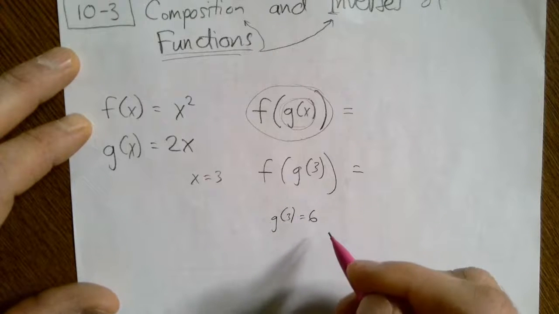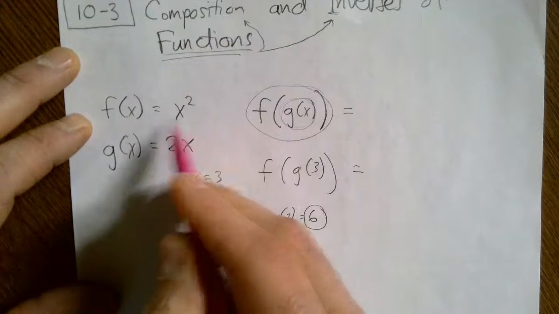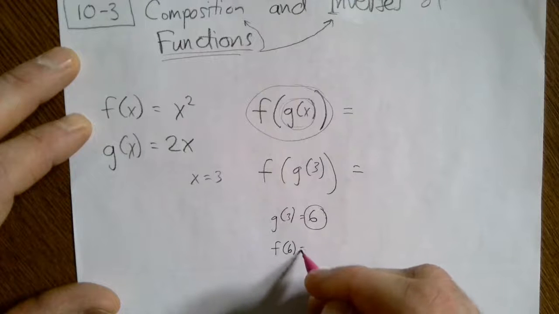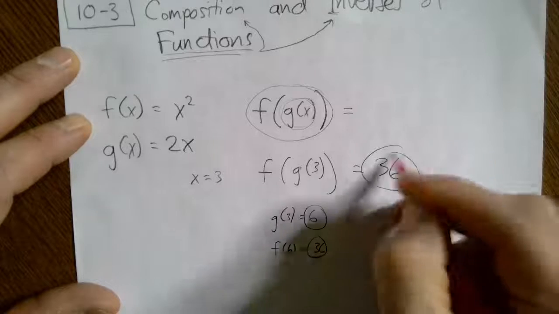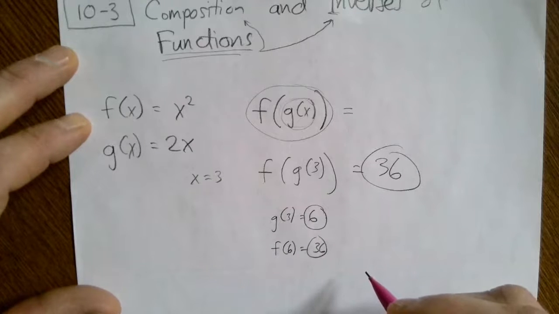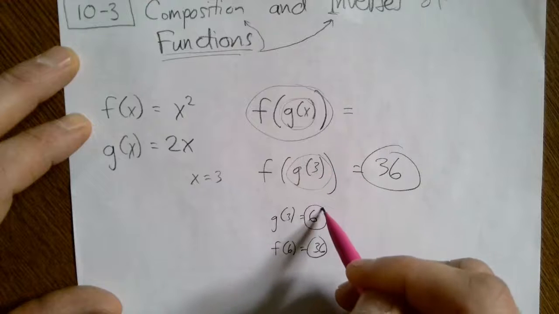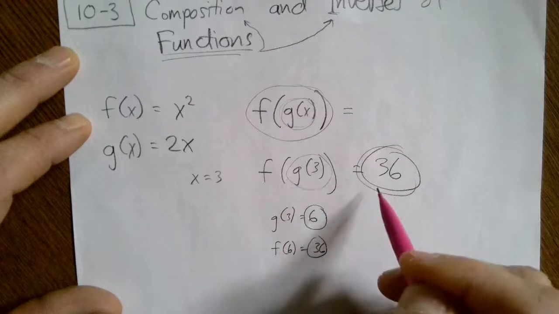Now I'm going to take 6 and plug it into f of x. So f of 6 is 36. So f of g of 3 is 36. Are you understanding how this works? You start on the inside, get the answer, and then plug it into the next one, and then f of g of 3 is 36.